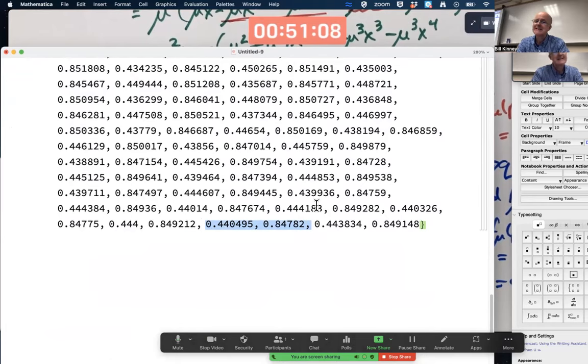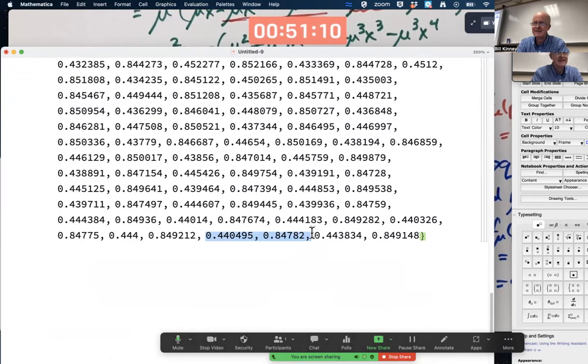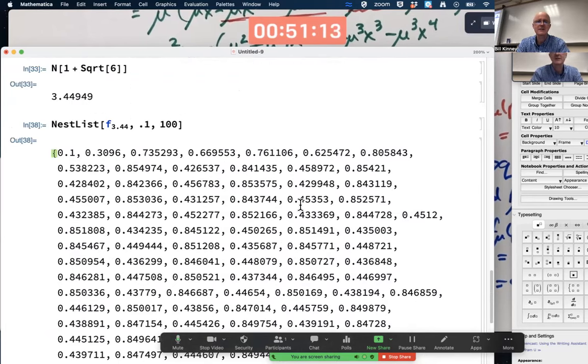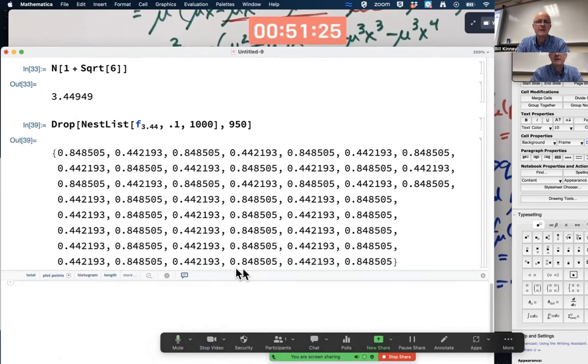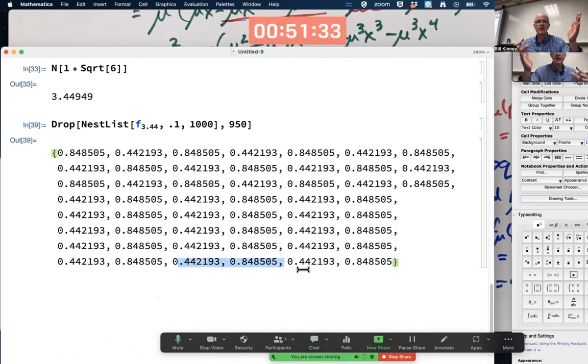We're close enough to the bifurcation value that 100 iterations is not enough to see it real well. So if we do 1,000 iterations and drop the first 950 of them, now we see, yes, going between 2 points, more precisely 0.442193 and 0.848505. So we just see the last 50.